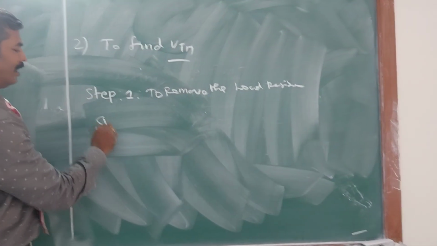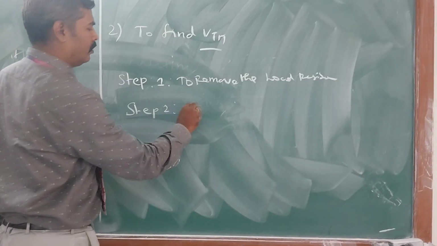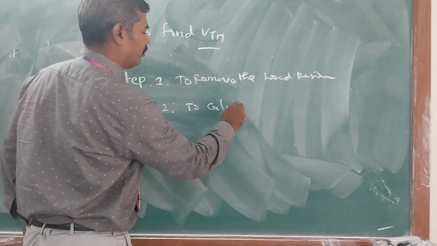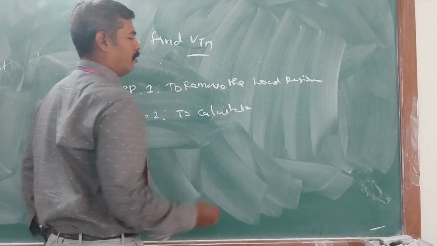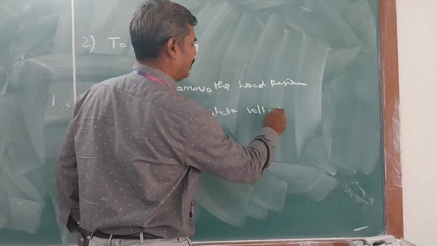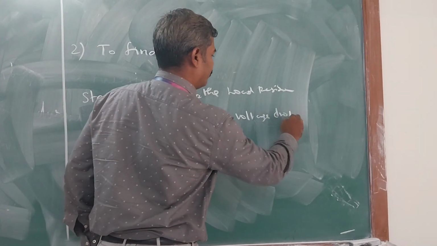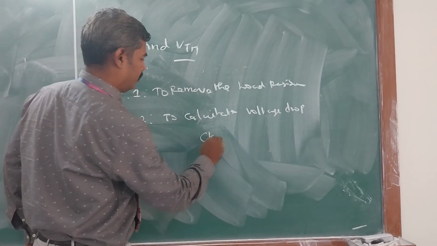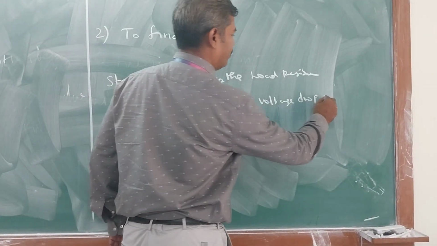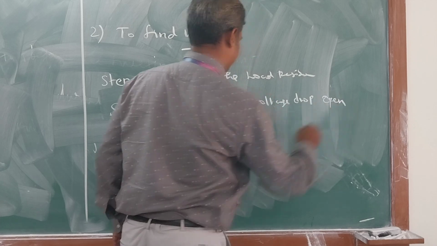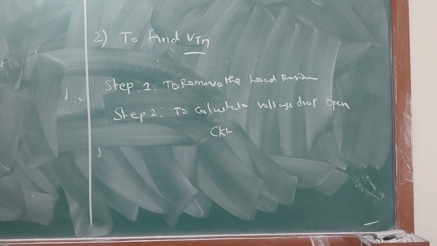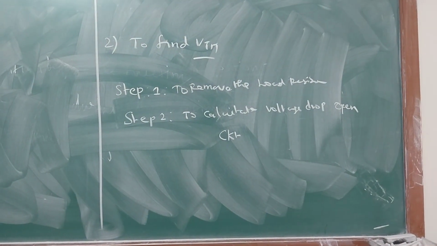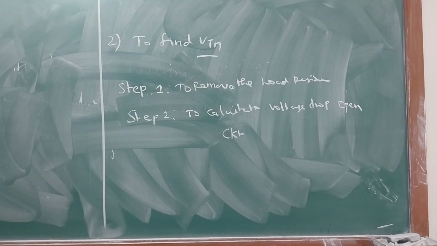And the second step is to calculate the voltage drop across the open circuit terminals. That is called VTH. These are the two parameters we want to find.